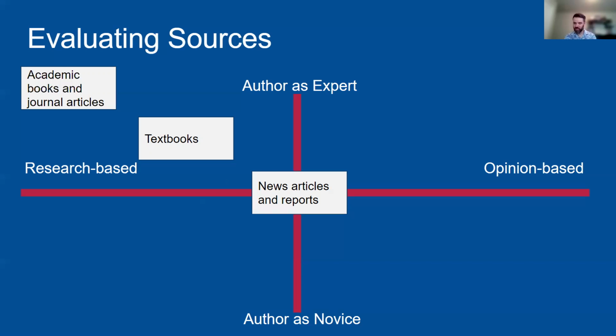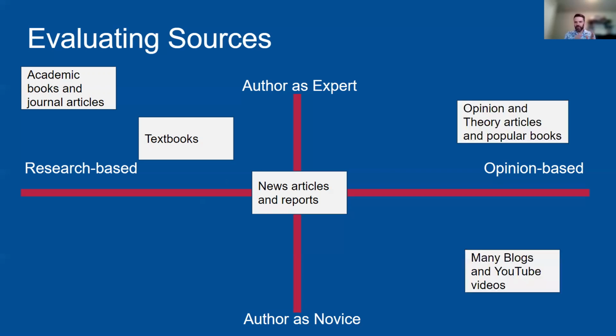These are great sources for academic information, but they tend to be very difficult for non-experts to read. And so I placed them on the chart here, but you may not want to access these sources because it requires a lot of background information and a lot of advanced vocabulary knowledge to understand them. But they are the best sources for academic writing.